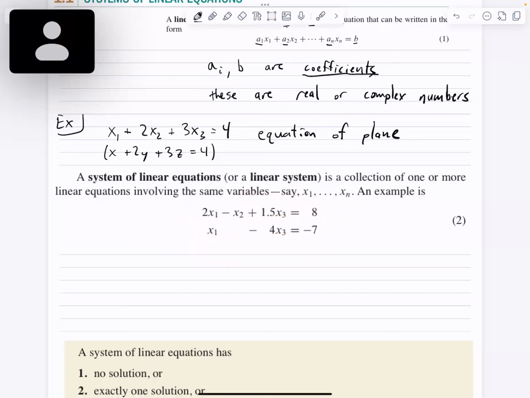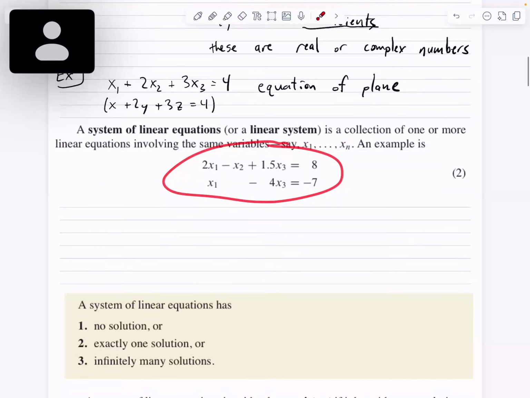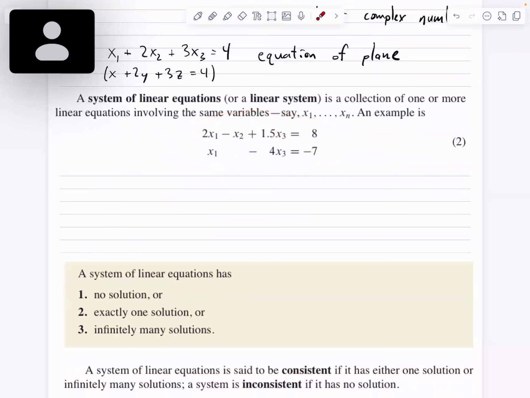Systems of linear equations have so many applications. We're not going to get into too many of the details of that, but they do show up in everything. For our purposes, when we look at a linear system like this, there are some questions that come to mind, like what is a solution?